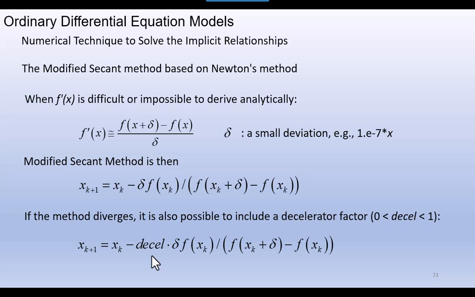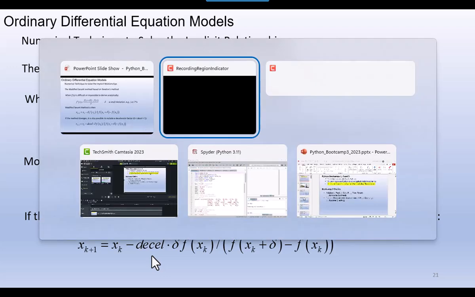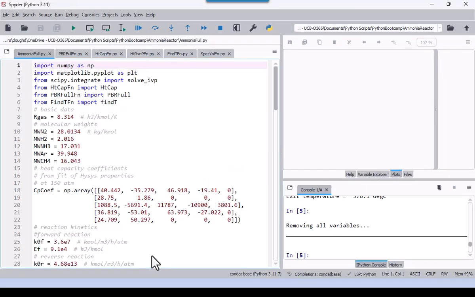So we've got the full model, and the solution script is going to be more complicated, but a good number of elements are common to what we showed with the simplified model. So let's go back to our Spyder editor and now look at the main script.